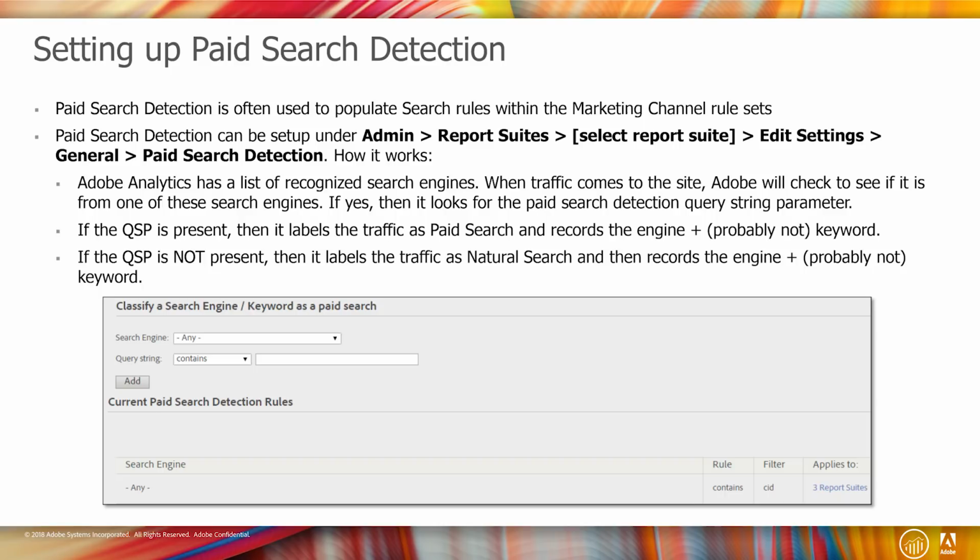So again, you'll have to think about how in the landing page URL or as a query parameter or as part of ad analytics for paid search, you can actually automatically capture that data within a dimension or a variable within Adobe Analytics.